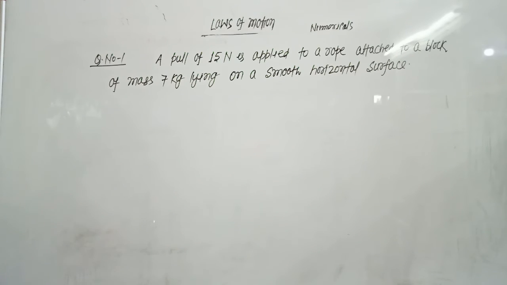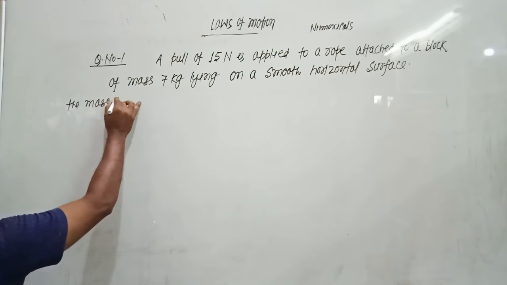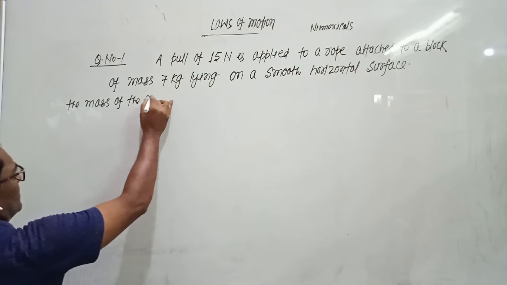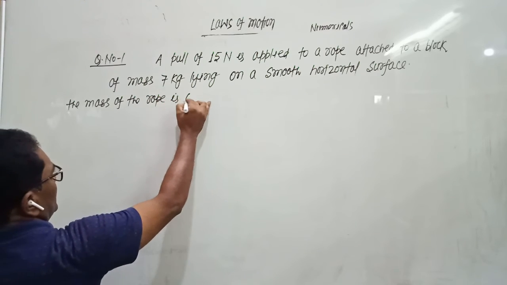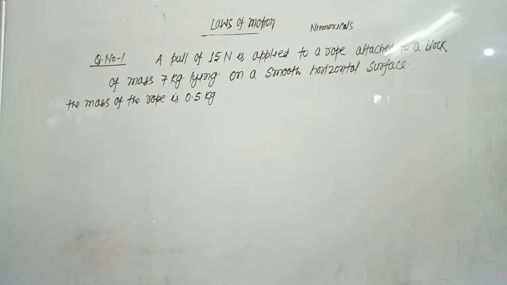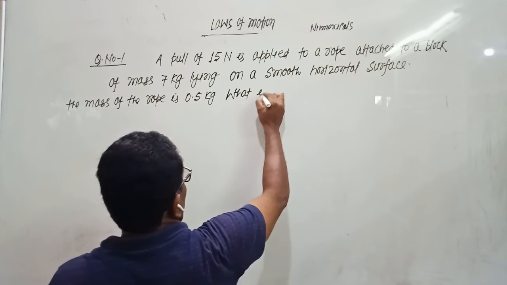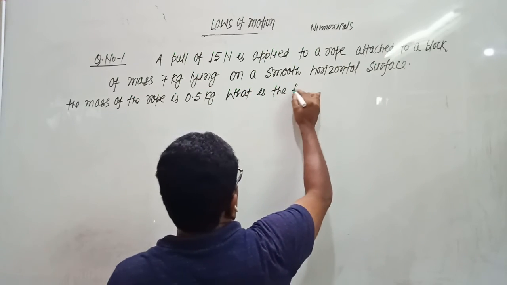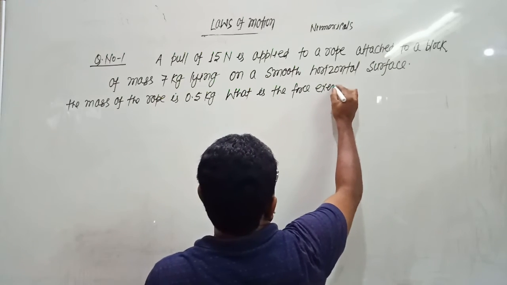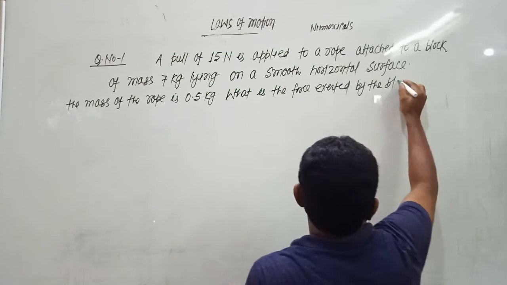The mass of the rope is 0.5 kg. What is the force exerted by the block on the rope?